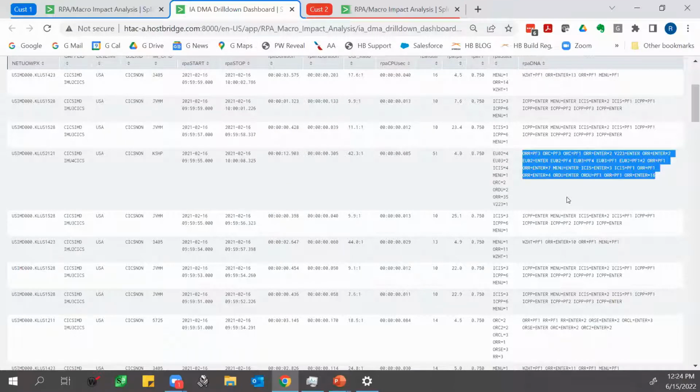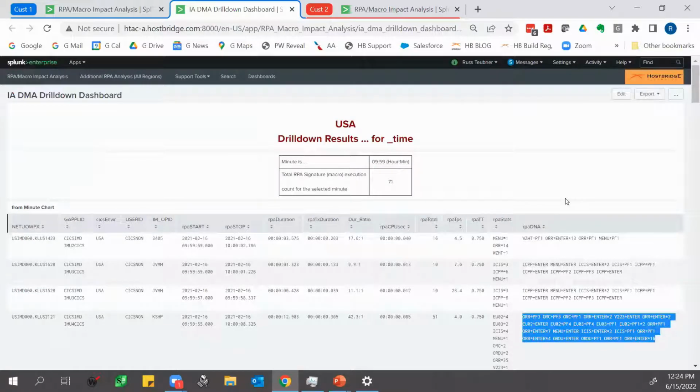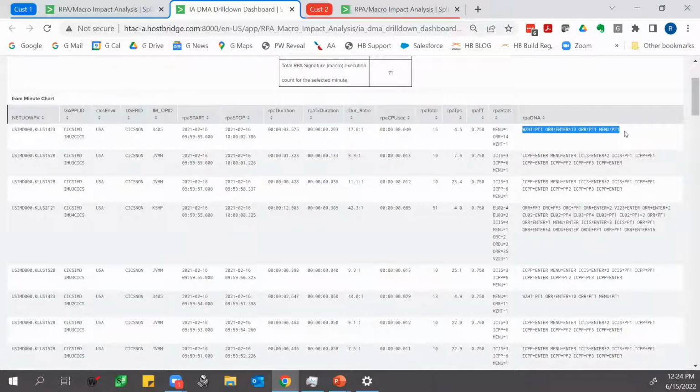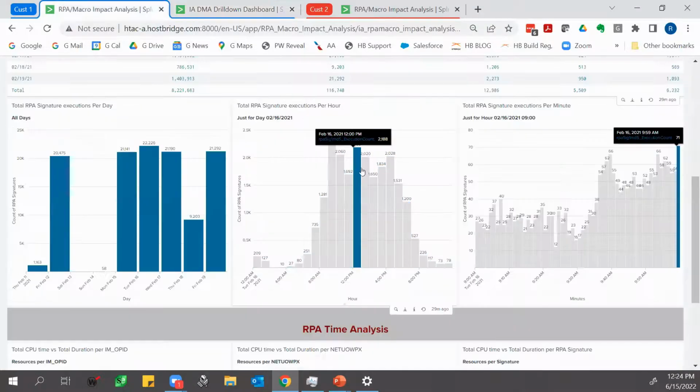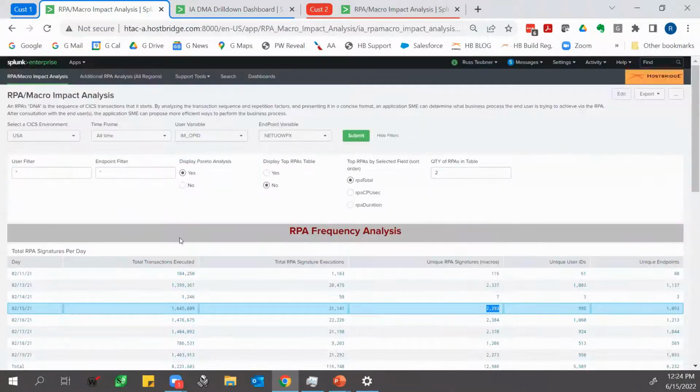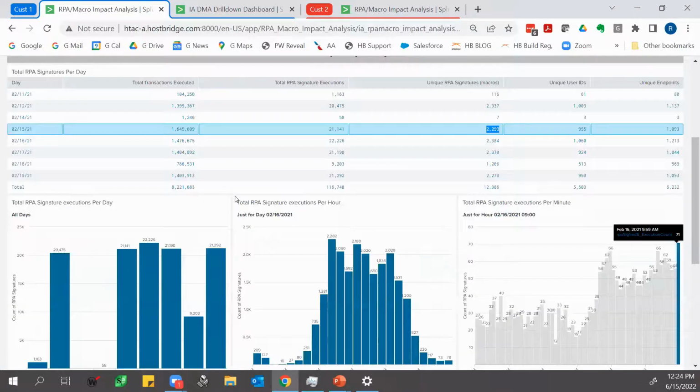But by doing that, we're able to look for common use cases. In other words, what are the most frequently executed signatures? Is it this one? Or is it this one? Or is it none of the above? So let's go back over here, because that's really the key question. And that is, what's really impacting your mainframe?